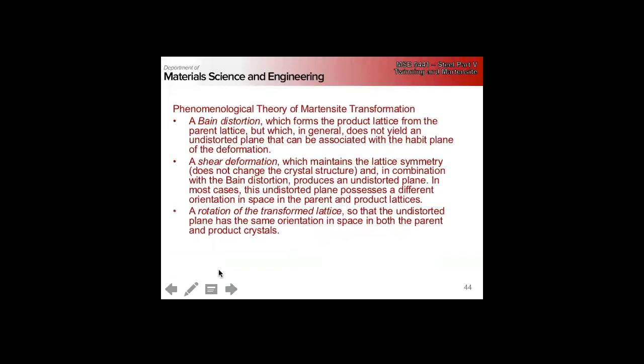And then we did some crystallography and introduced the phenomenological theory, which says we have three components: the Bain distortion, the shear, and then a rotation, right? The shear gives you back your invariant plane, but the result is that the invariant plane isn't parallel in the parent and the martensite.